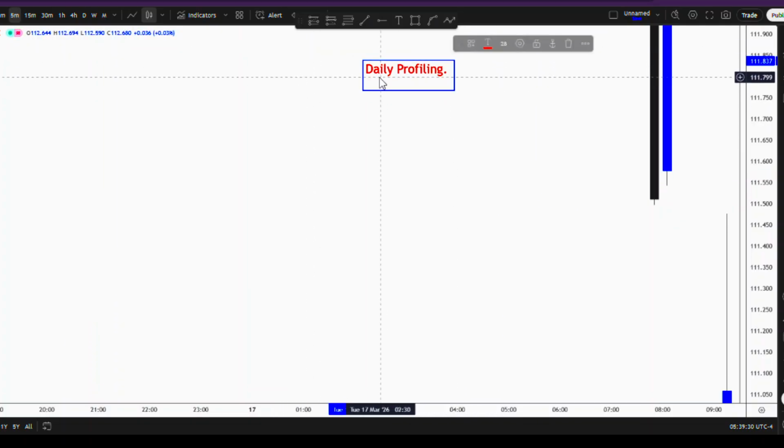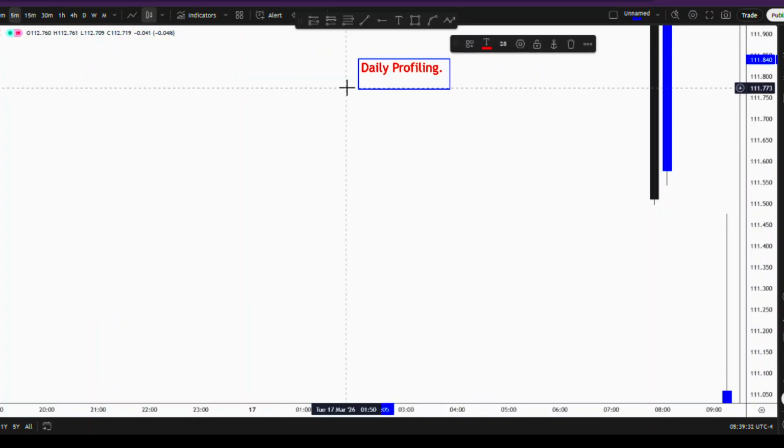Now under daily profiling, we have 3 types also. This is simply to see how a daily candle is formed. We have already established our bias from a higher time frame. So if we are looking to be bullish or bearish, that is already our bias.